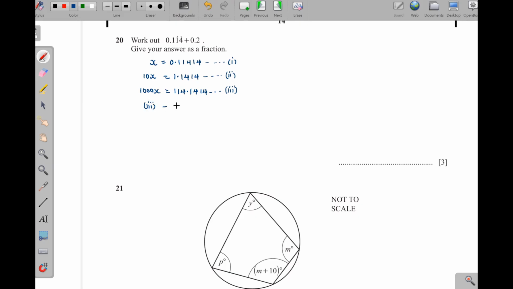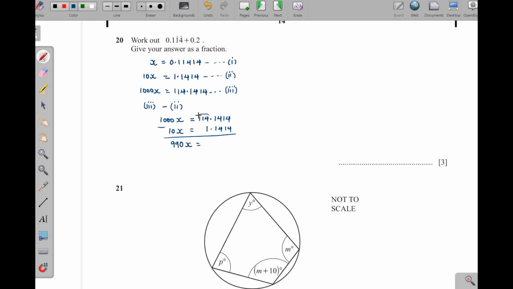Then I subtract equation 2. So we have 1,000 of x equal to 114.1414 recurring. Then we have 10x here, which is equal to 1.1414. So when we subtract 1,000 minus 10, that will give us 990x.